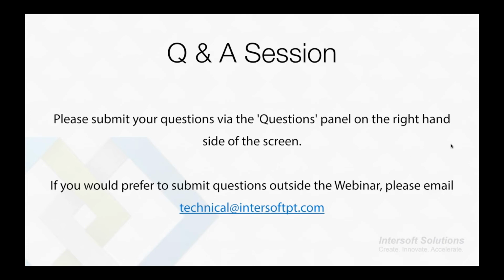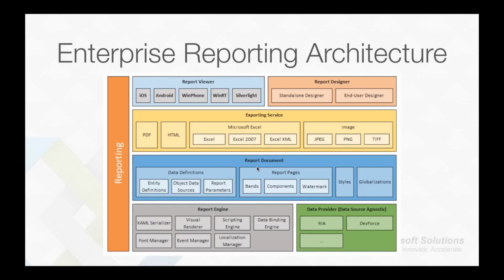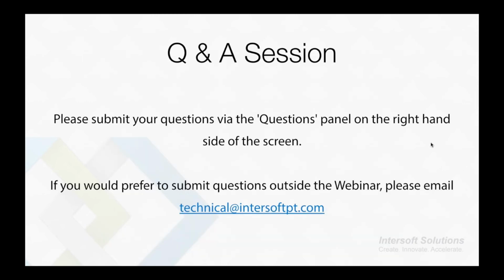Another question from David. In the report service talk earlier, could the user of the device be able to export to another format of the generated report? Yes, of course, you can export to PDF, HTML, Excel, and popular image formats. I hope that answers your question. But directly from the device or from the web service?